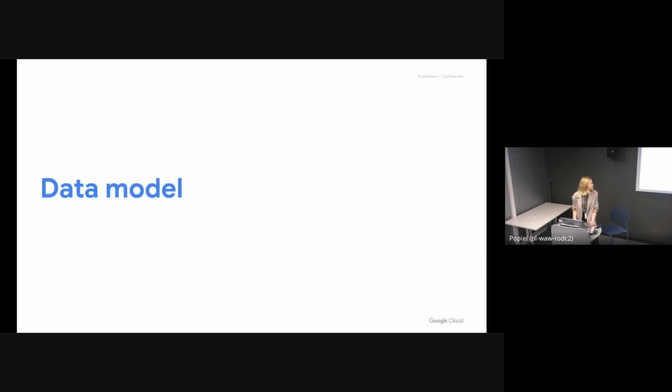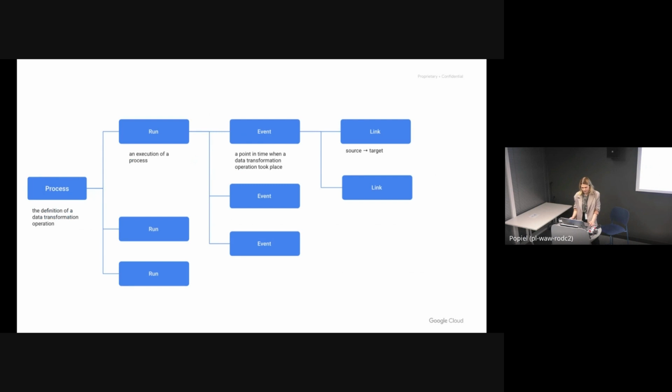So how do we represent Lineage internally? For each definition of a data transformation process, typically a script, we have a process. And then each execution of this process is called a run. And within the run, there are concrete data transformations and their state. Those are called events, which contain links between sources and targets, so between data assets.